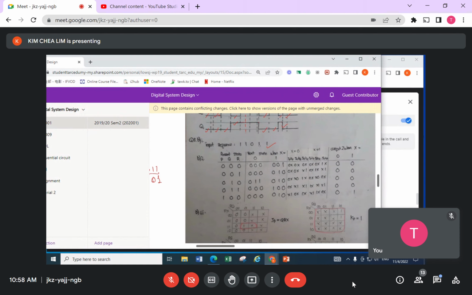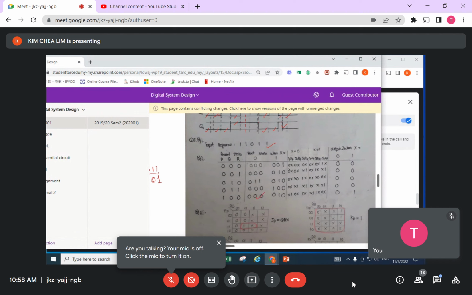All right, so with this, now I'm going to design using JK. Fill in the table carefully, don't make mistakes. This is X when 0, X when 1. So 0, 1, 2, 3, 4, 1, 2, 0, 1, 1, 1. Correct.